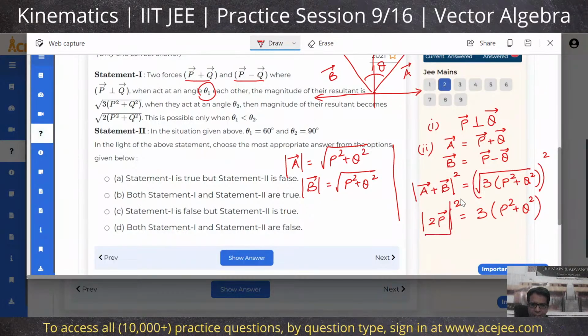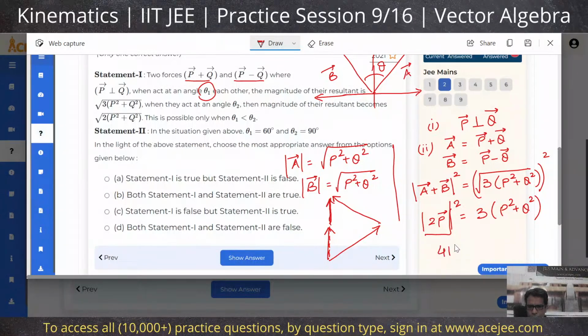But this is interesting. A plus B, right? We know this vector is A and this vector is B. We know the resultant is along P, and of course this will be equal to 2P, right?